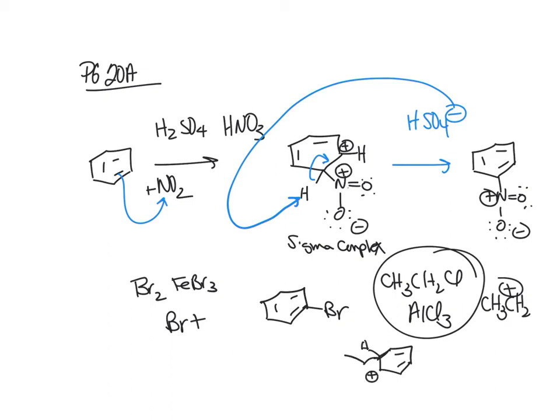I want to see those electron flow arrows going from benzene to that carbon to make this sigma complex. I want to see the re-aromatization reaction, to see if you can draw your electron flow arrows properly, attacking the correct hydrogen.